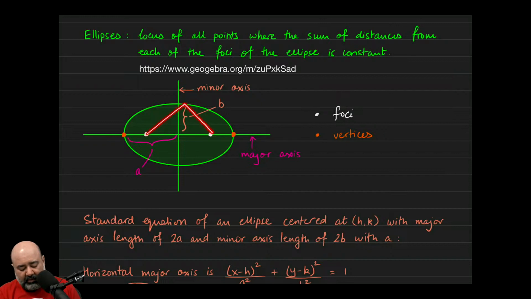That sum will be the same as the distance from here to here, and that's going to be the same as the distance from here to here. If we were to add these two arcs, that sum will always be the same. So if you were to draw all the points where that happens or where that's possible, you're going to get the graph of an ellipse.